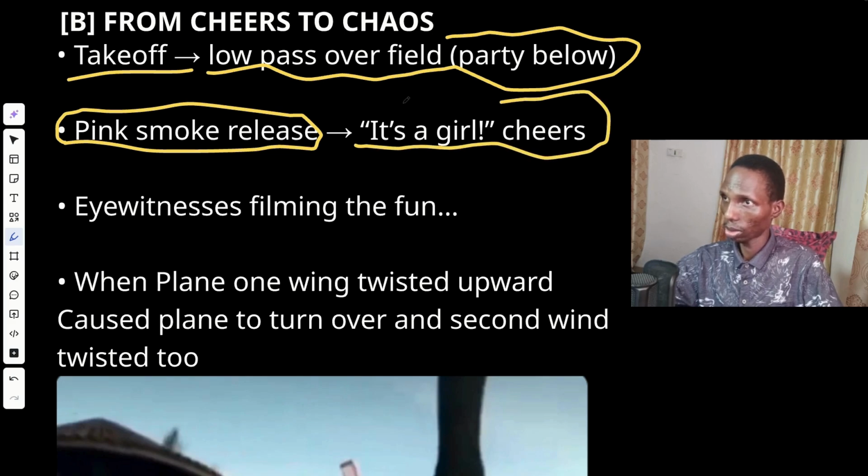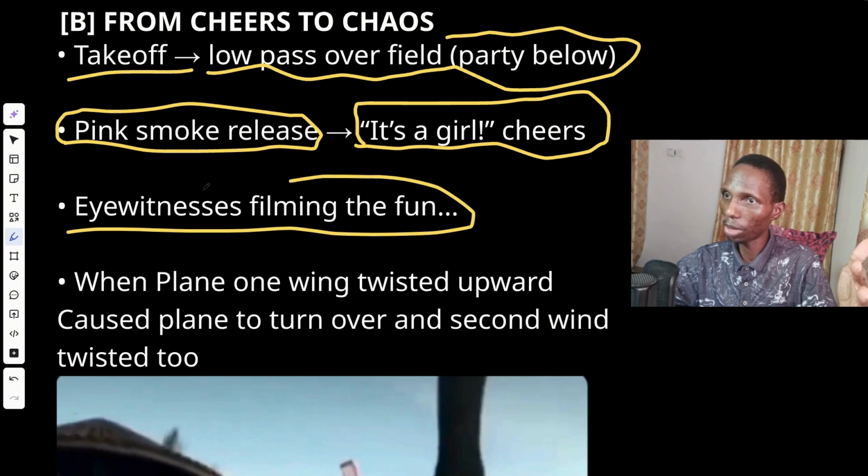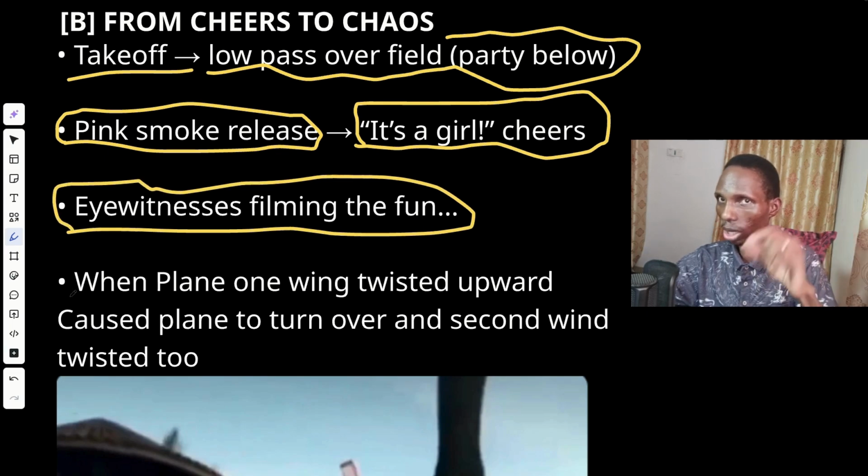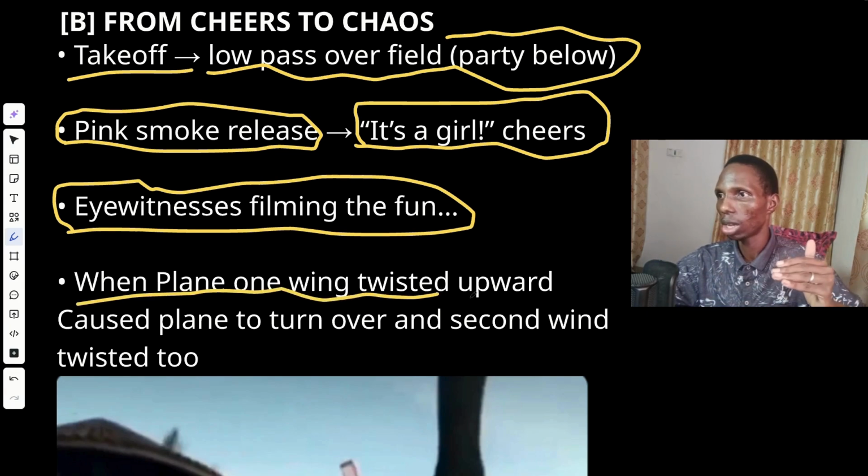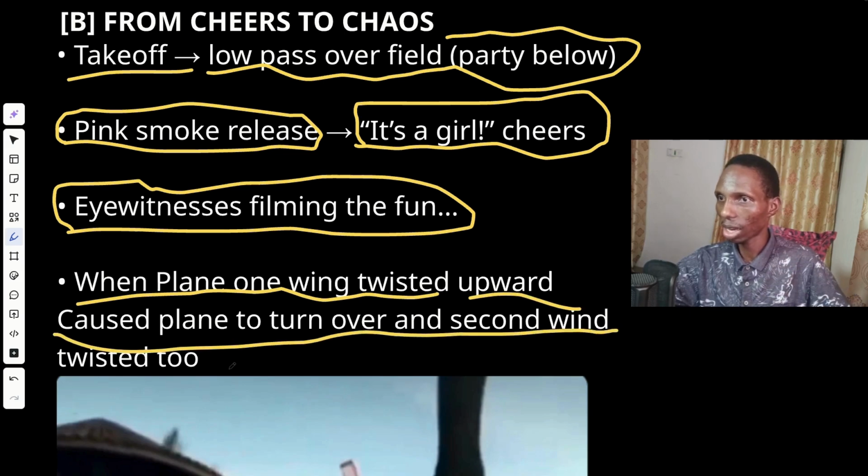And there are cheers and people shouting, and eyewitnesses were filming with their phones. And suddenly, immediately it dropped that pink, one wing of the plane twisted upward and caused the plane to turn over, and the second wing as well twisted.